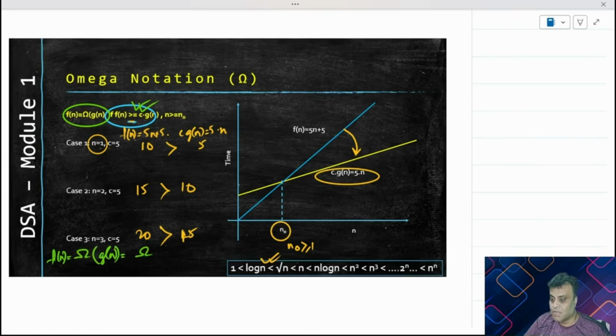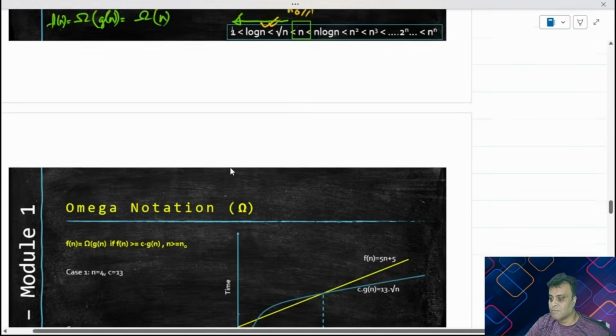And I know that my Gn is what? My Gn is n. Cgn was 5n, which means Gn is n. So now you have got n as your lower bound. So anything to the left of n is also your lower bound. Can we check that? Let us check that.